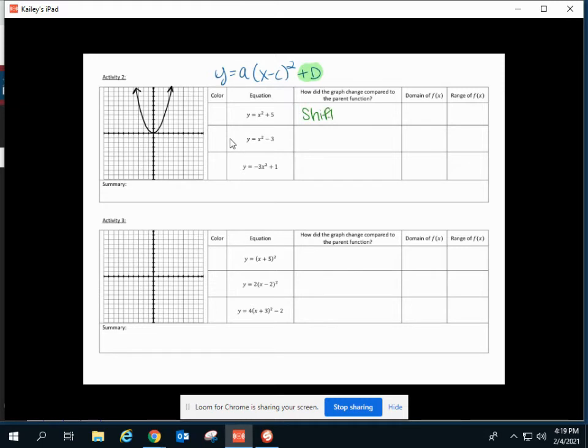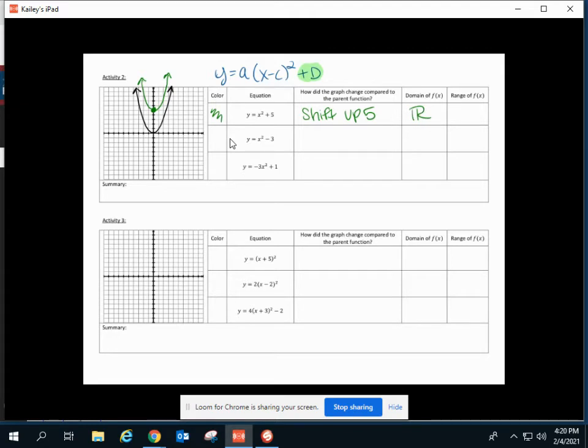That's called a shift up 5. So it vertically shifted 1, 2, 3, 4, 5 units up. It's still the same width as the parent function because there's no number here in front of the x squared. Just moved it straight up.